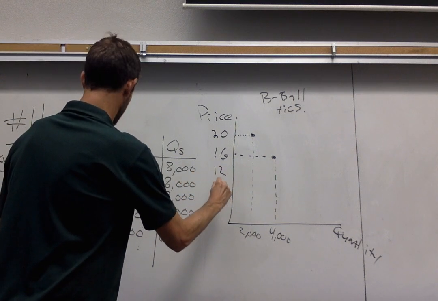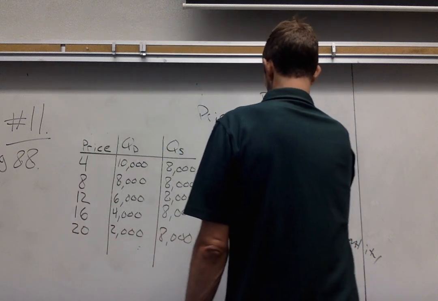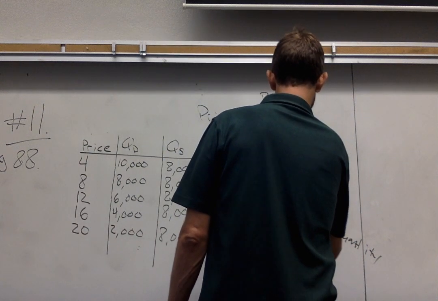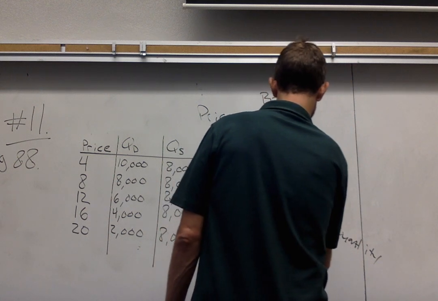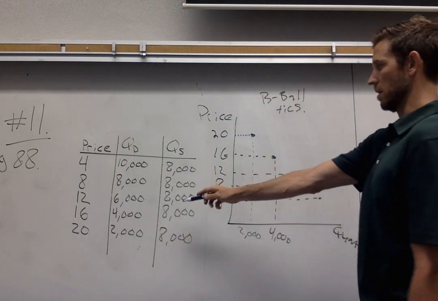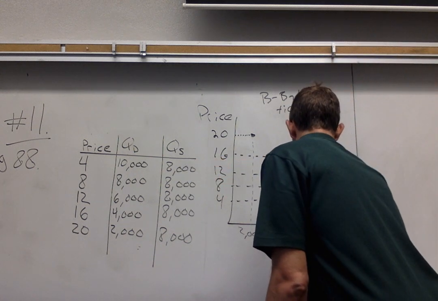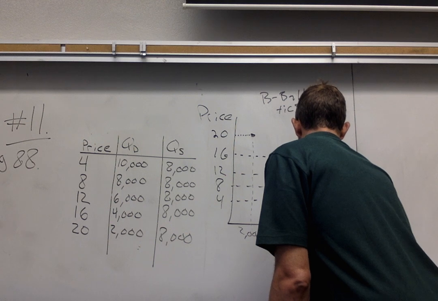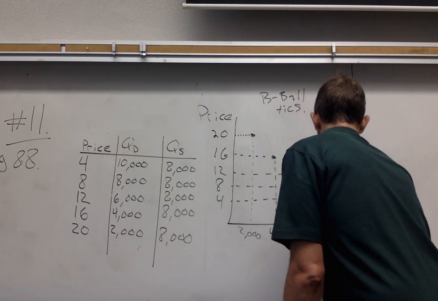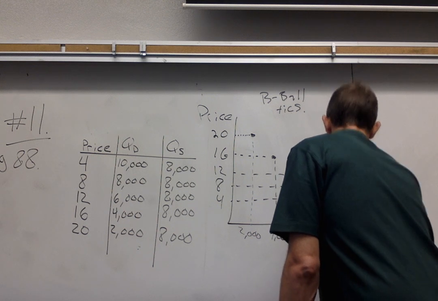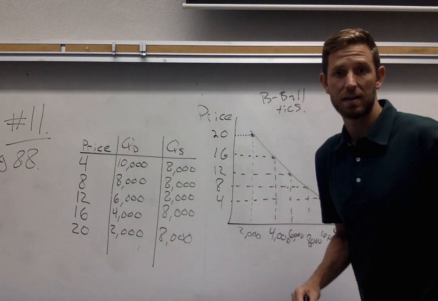Prices of 12, 8, and 4 link up with quantities of 6,000, 8,000, and 10,000 respectively. All right, we have all those points. We connect those dots, and voila, that's our demand.